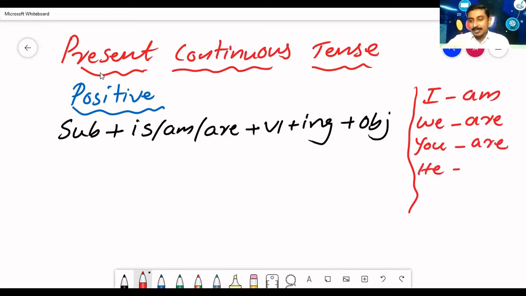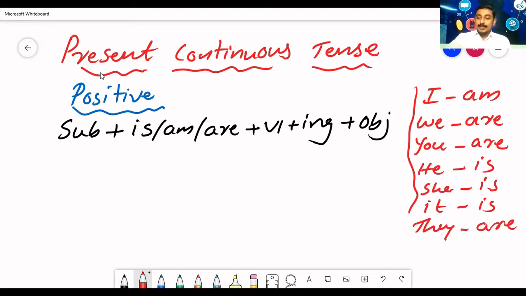He, third person singular, is. She, third person singular, is. It, third person singular, is. They, third person plural, are. You need to use are with all the plurals, am with I, and is with third person singular. That is the rule.